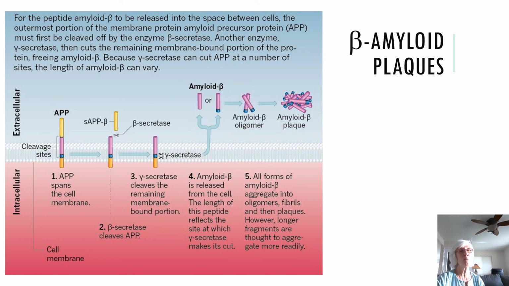We now think, because drugs were put into clinical trials to prevent the production of amyloid plaques, and it was hypothesized that if we can prevent the amyloid plaques from forming, we can prevent the memory loss. Well, it turns out that that's actually not the case.